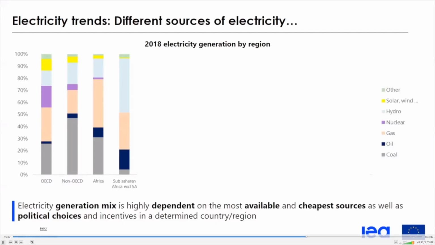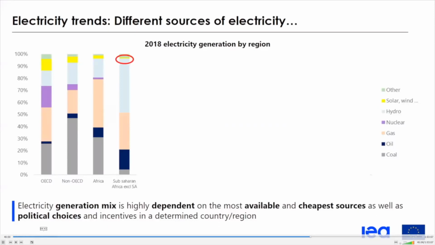For example, in the case of the OECD, it's more or less spread between coal, gas, and nuclear. And in Sub-Saharan Africa, for example, we see that hydro represents a large majority of the generation, followed closely by gas. Electricity generation mix is highly dependent on the most available and cheapest sources, as well as political choices and incentives in a determined country or region.